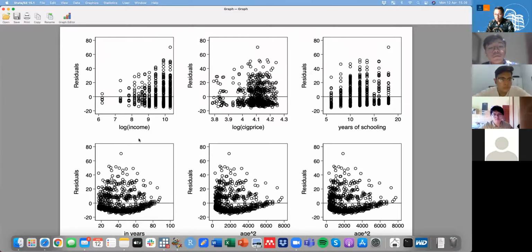This will provide you with an intuition. It could be that the log of income and the log of cigarette price are something that we need to include in the regression. Maybe also the age, because we can see that there is a potential age effect in the regression. Okay, but we'll do that one by one.